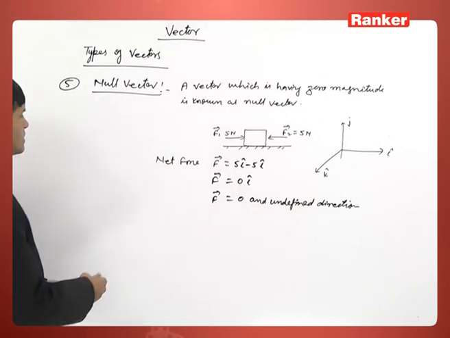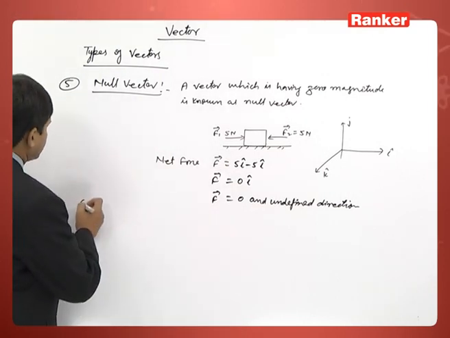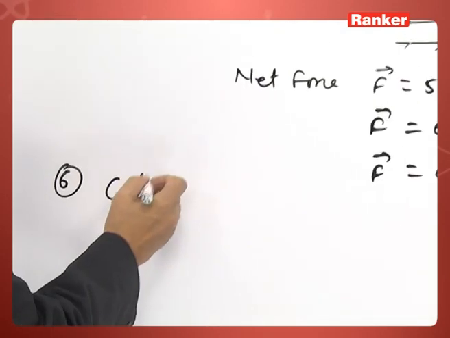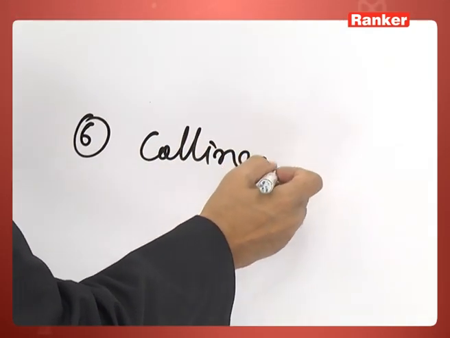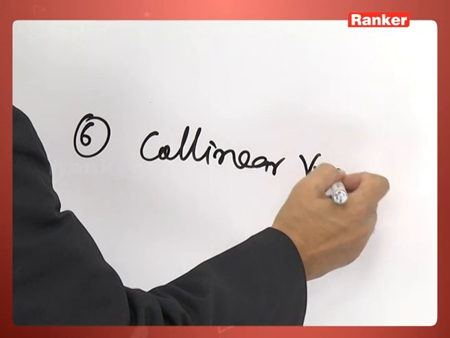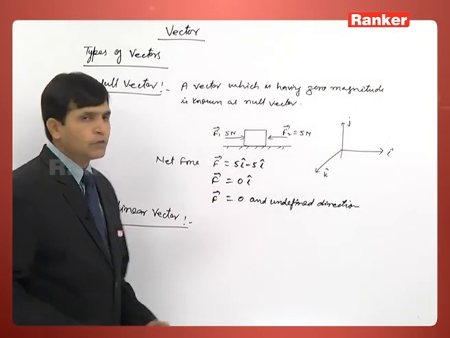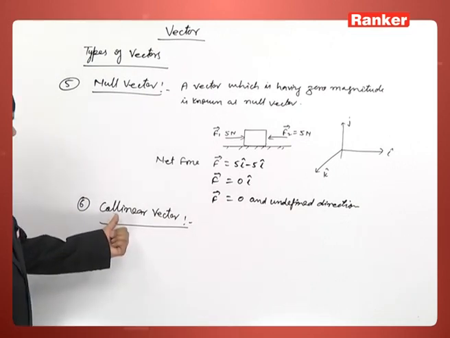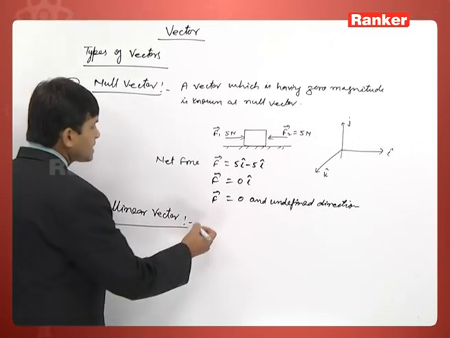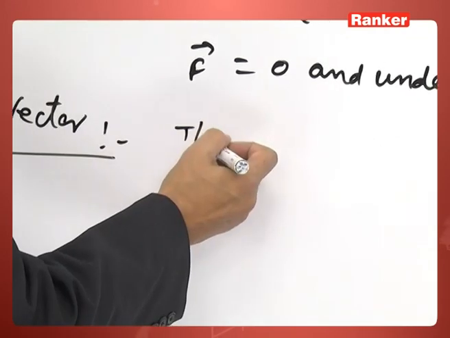Next is the collinear vector. Collinear means the vectors which are in the same line.